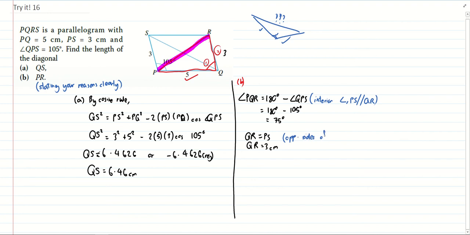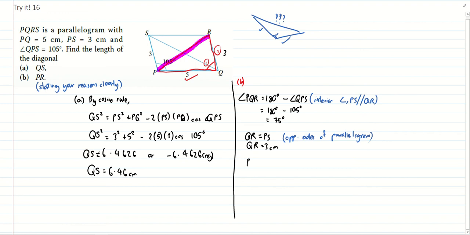Again, for your homework, I'm going to leave it to you to decide yourself. I'm not going to make it compulsory for now to write down the reasons, but I find it's a good time to revise. From here we can then use the cosine rule.